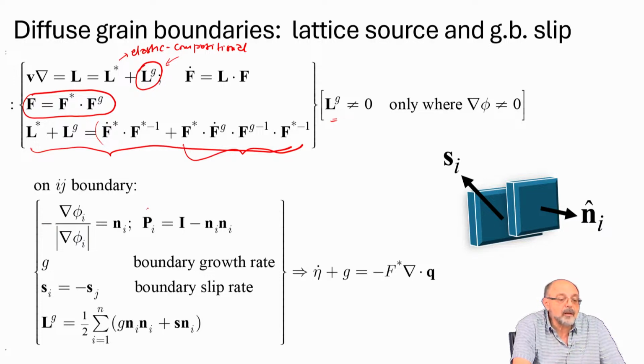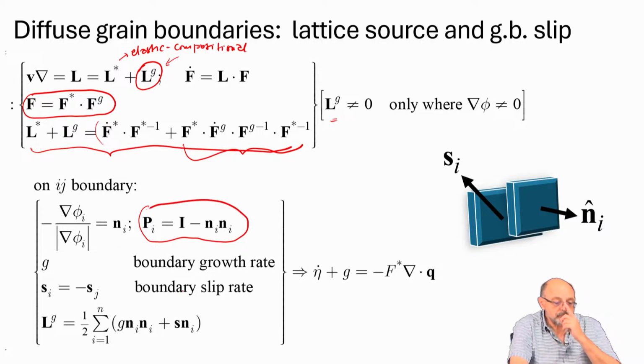And then I have a tangential projection tensor, P. So I will define my boundary growth rate as G, and my boundary slip rate for each grain as Si equals minus Sj.